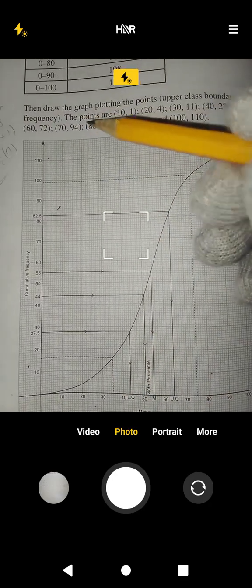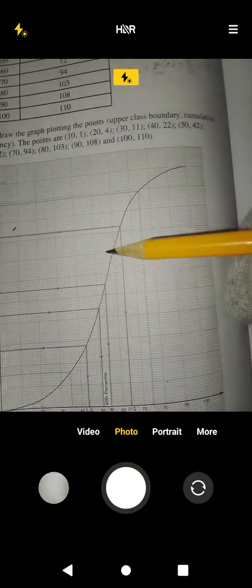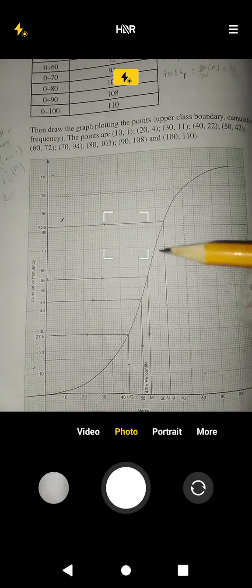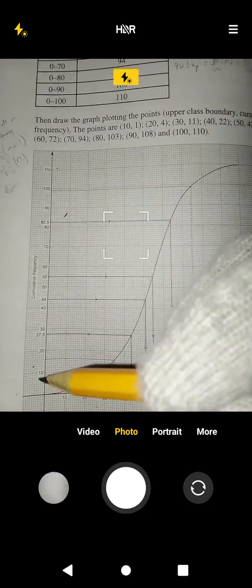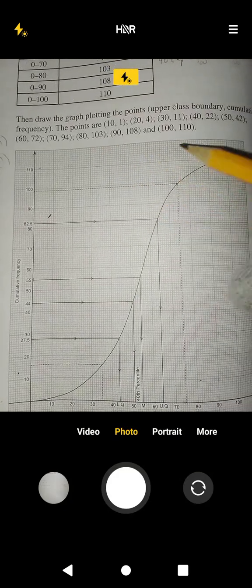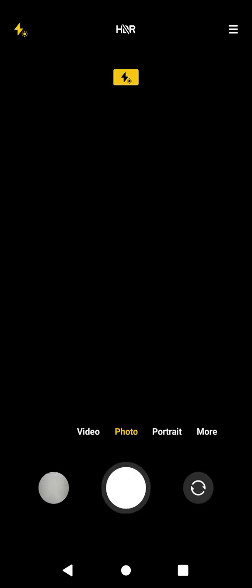We then plot all of these points and join using a smooth curve like this one. Do label these numbers, and please do insert a title to attain full marks.